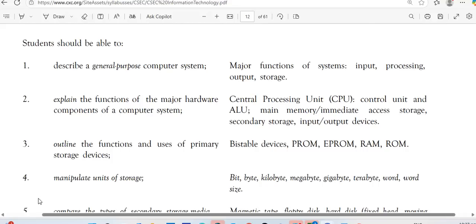Now, what are the functions of ROM? Read-only memory is often used to store firmware, which is a set of instructions that controls the basic functions of a computer or other electronic device. ROM can be used to store the bootstrap loader, which is a small program that initiates the computer's memory and loads the operating system.